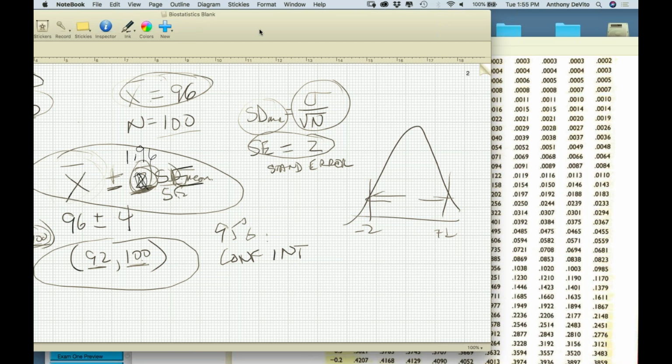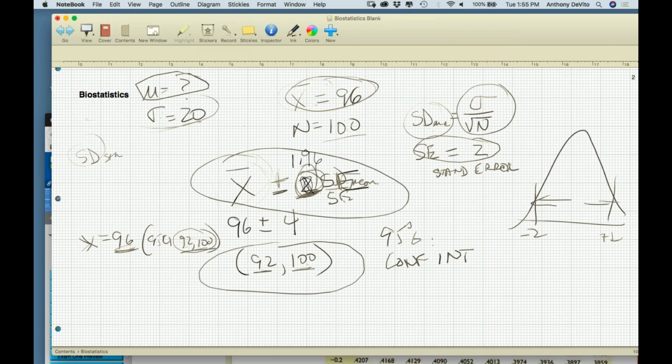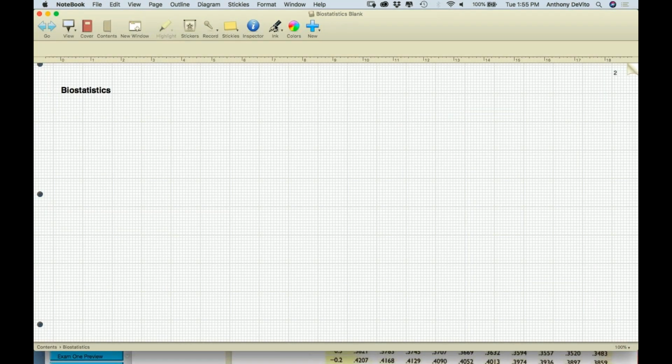Okay, so let me give you an example that you guys can work out. I took a sample, my sample size is equal to 64, and the mean of my sample is, maybe it's weights, 150 pounds, and the population standard deviation, sigma, is equal to 12.